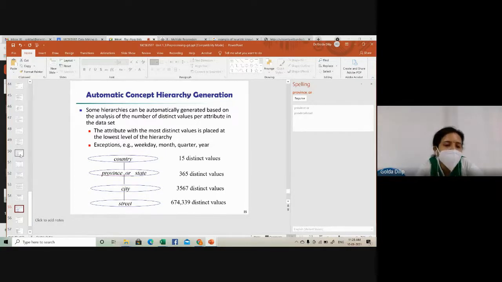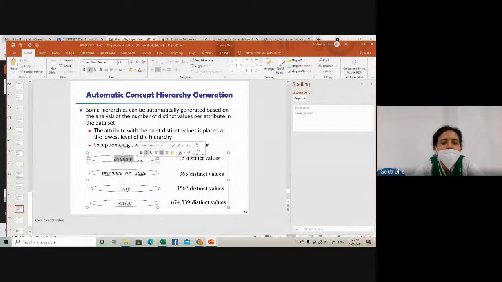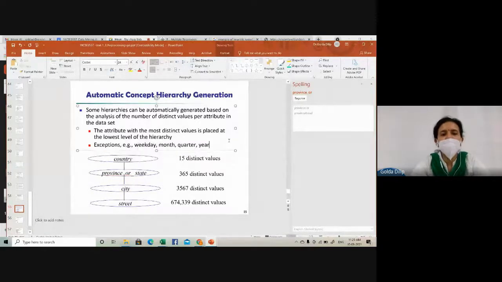At the next level, you can roll up the data and analyze it based on city information, with fewer values, then province or state level, still fewer values. At the highest level we have country, a more generalized level with only 15 distinct values.